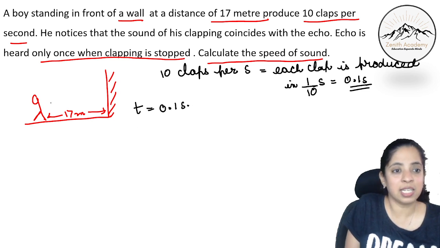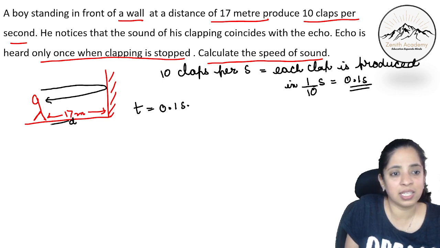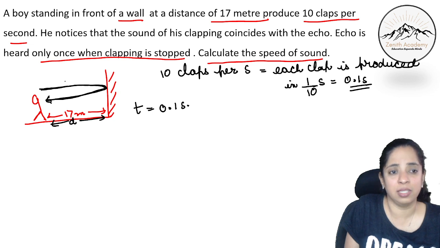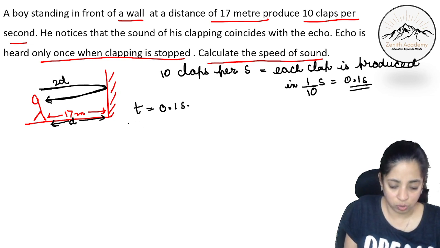Since the sound is going from here, striking the wall and coming back, if I take 17 as D, then it is going there and coming back, so twice of D I have to take. Anyway, we know the formula also.